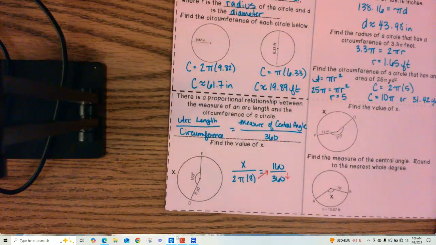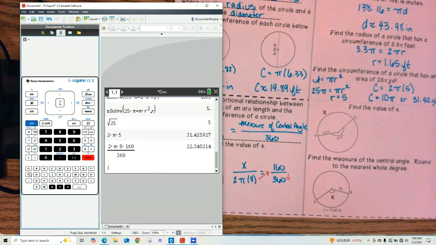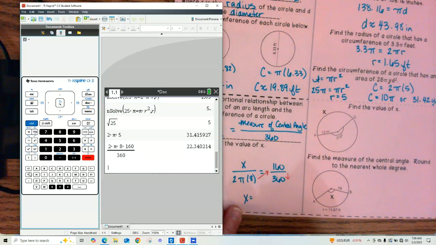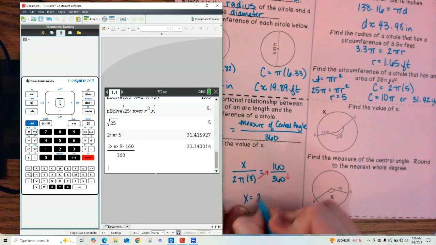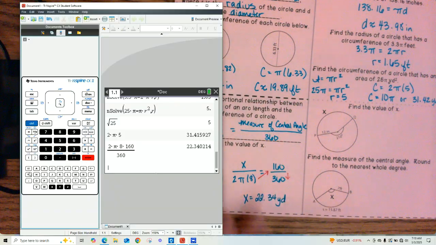We can just type it in just like you see it there. I am going to put the circumference all in parentheses, 2 times pi times 8, just give it its own set, times 160 divided by 360, all in one swoop. And I get x, which is that arc length, equals 22.34 yards.